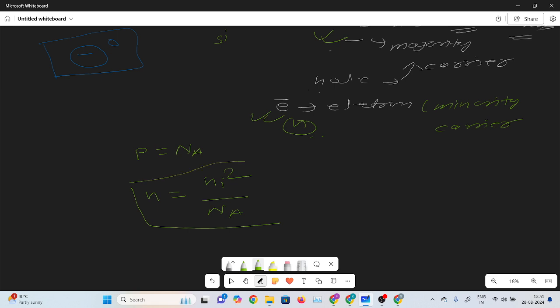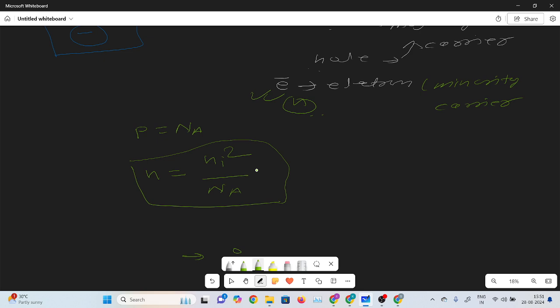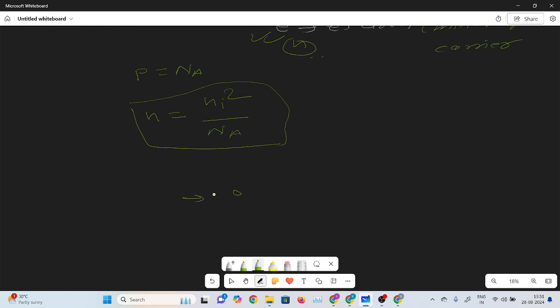And overall this semiconductor will be neutral.